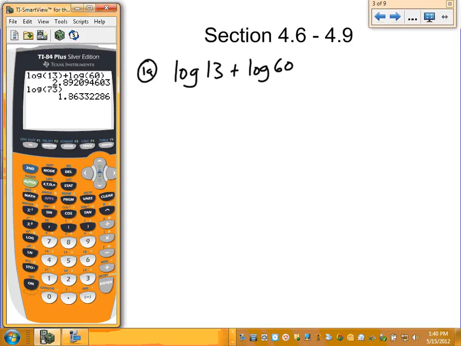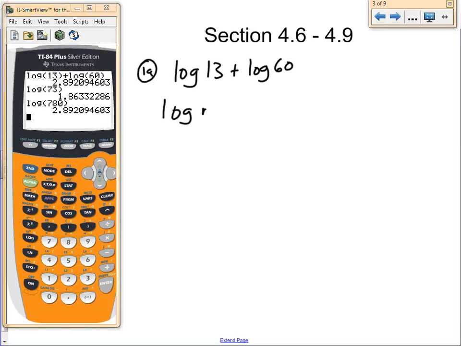If I want to write the answer here, I have to go log 780. Where'd I get 780 from? Remember when we were going through and we made the Google documents? We had the log mn is equal to, anybody?